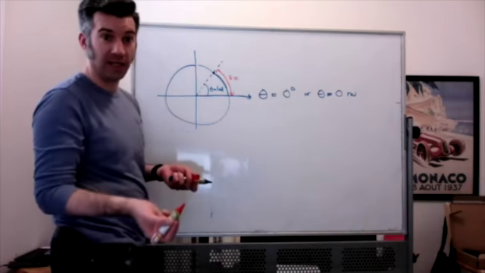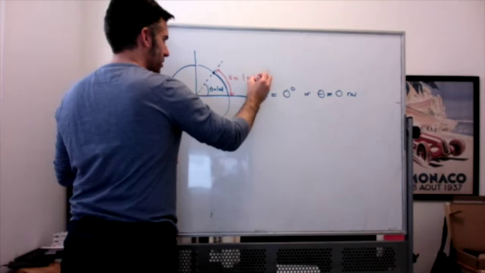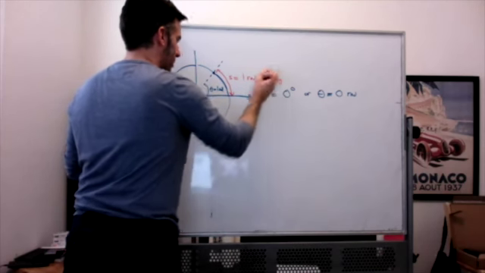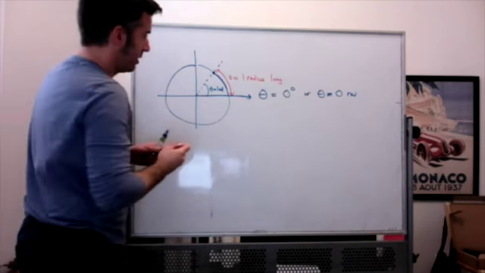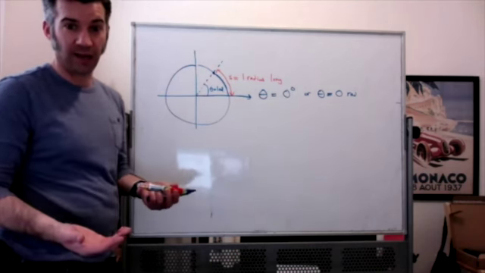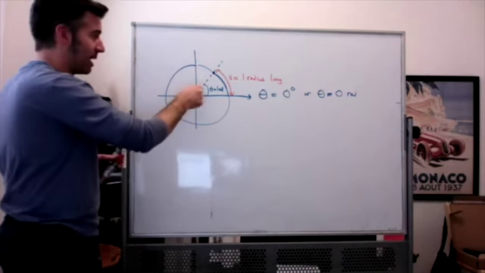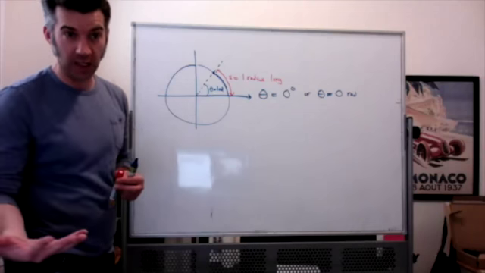Usually we use the letter S for the arc length. S is 1 radius long. So if the arc length is 1 radius's worth of length, the angle it subtends, not my favorite word, is 1 radian.